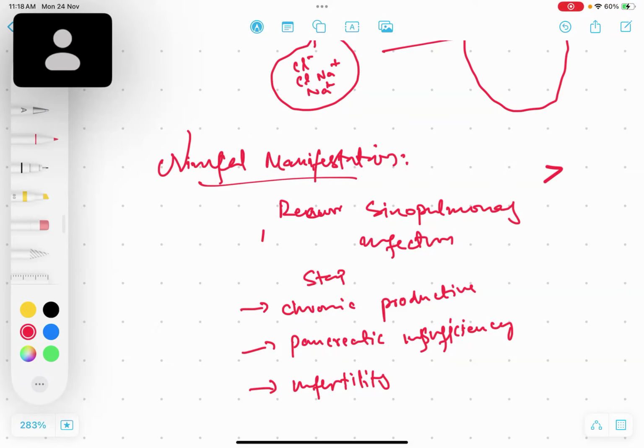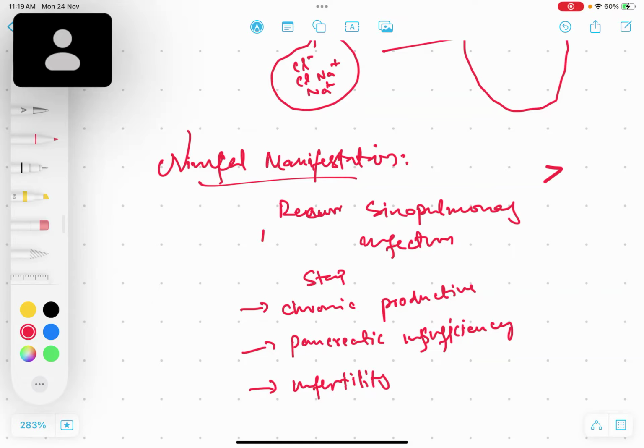So individuals with cystic fibrosis have different bacteria, but the common ones are Pseudomonas aeruginosa, which causes manifestations in individuals with cystic fibrosis, and Staph aureus. Okay, so these two bacteria are actually important.